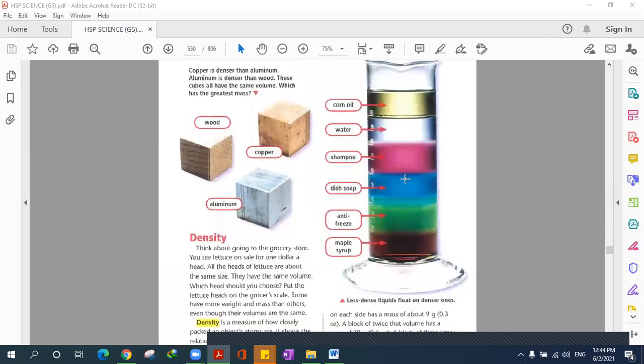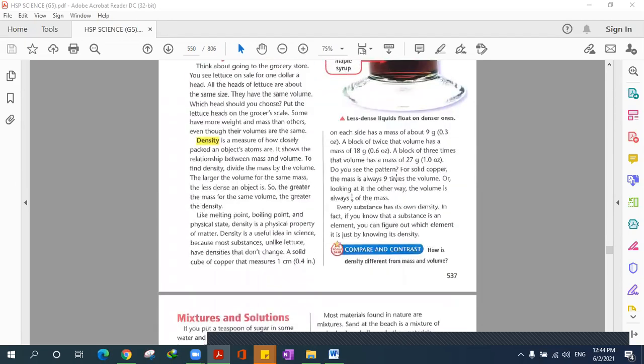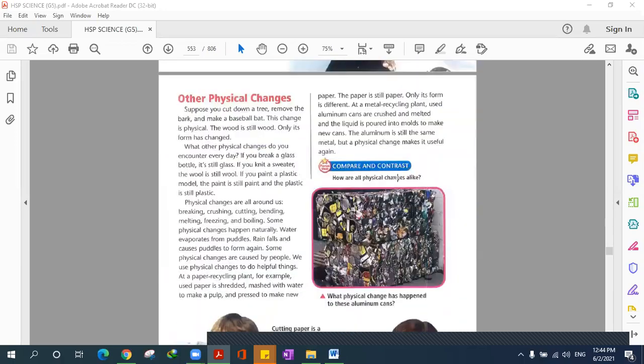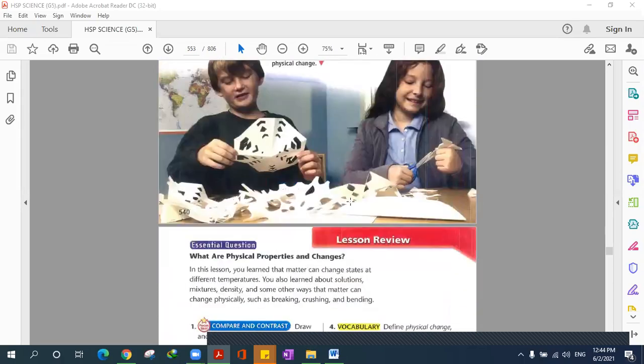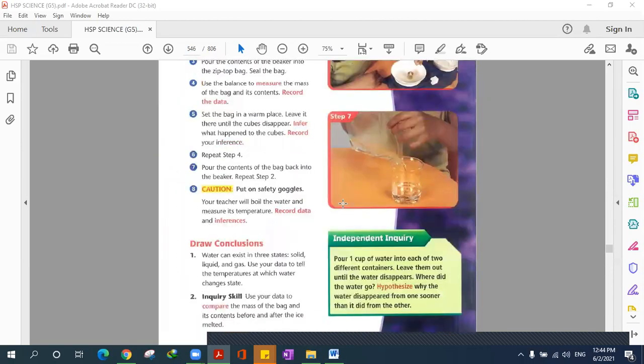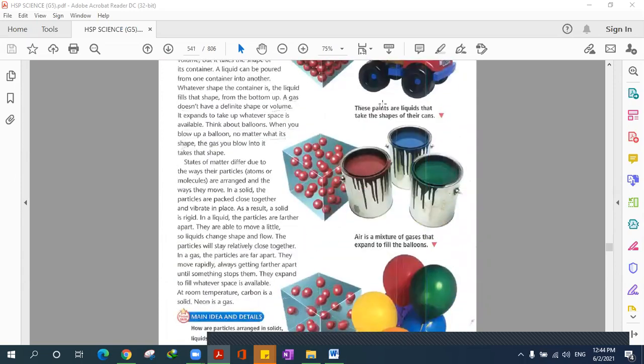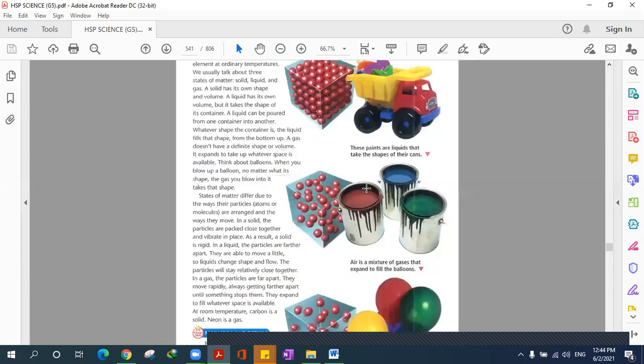Then we learned about density, and density is how close together or packed the particles of objects are. Like in here, I'm sorry, let me get you the picture. Here, for example, you can see a picture of solid, liquid, and gas and how the particles or atoms are packed next to each other in each state.